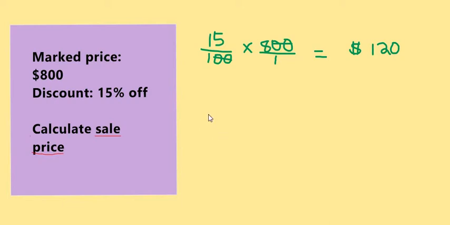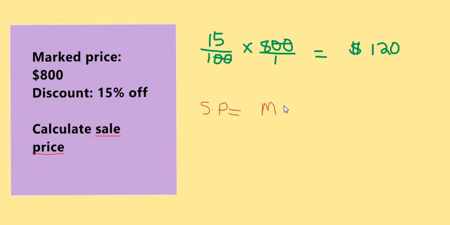So after you take off some money, after you reduce the original price. So I'm going to use the abbreviation SP for sale price. So the sale price is, we're going to take off the discount value from the original value, or what we call the marked price. So let me write it here.